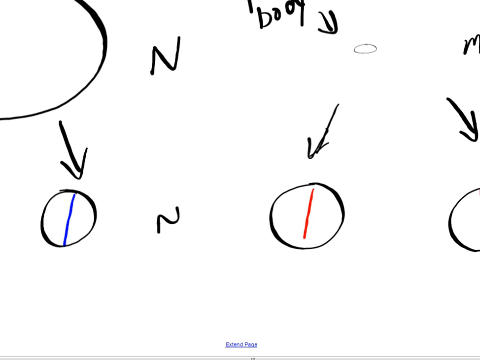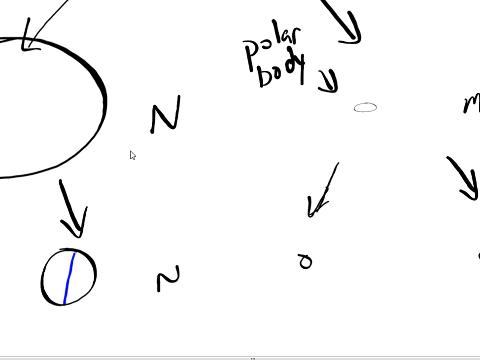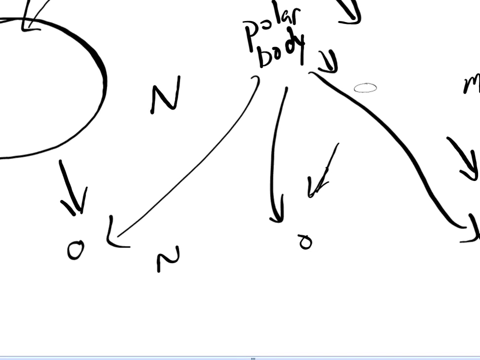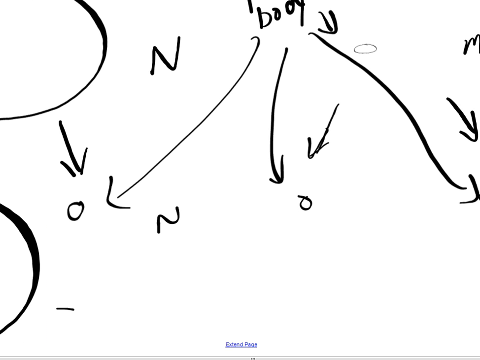Well, then you have further divisions. You have these little polar bodies. And with that second division, with meiosis 2, you have another polar body that is formed. So the polar bodies here, here, here. And then what you have left is the big cell called the egg.